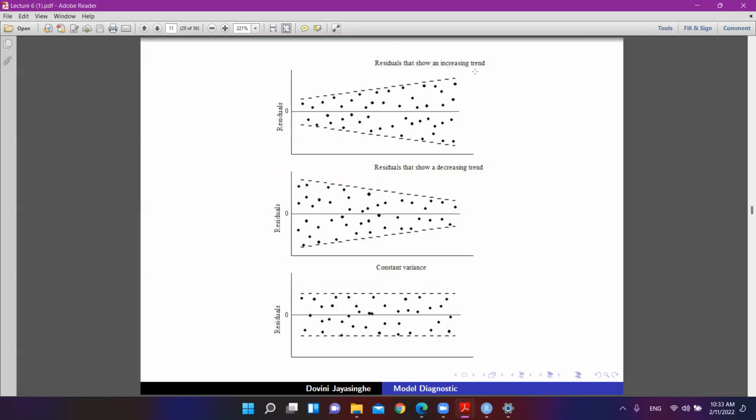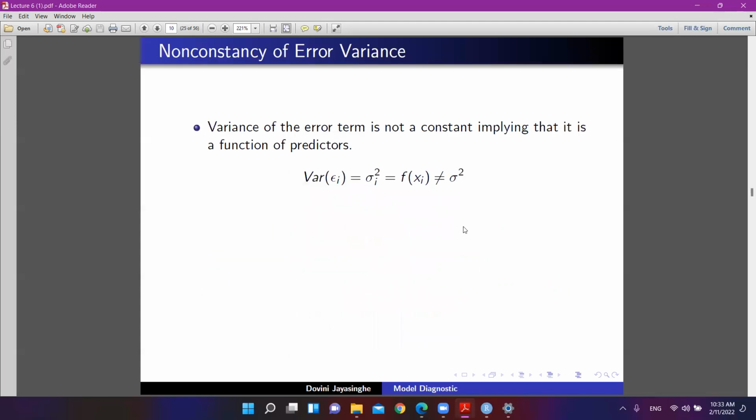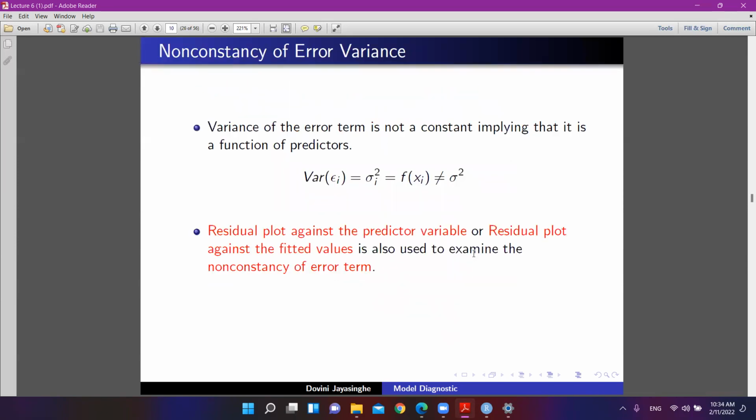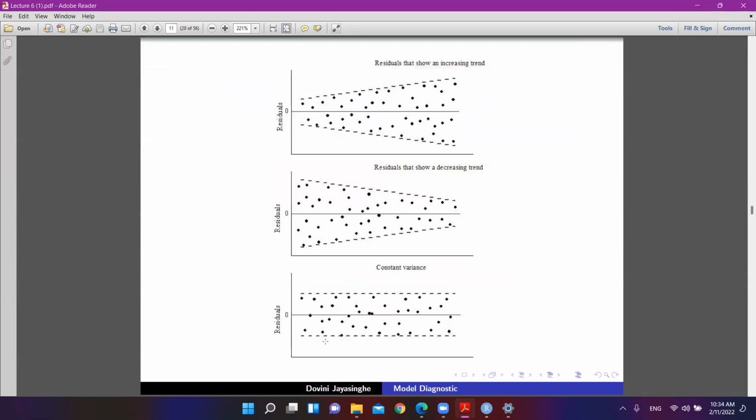Residuals that show an increasing trend. Residuals that show a decreasing trend. Constant variance. So when we plot residuals versus fitted values or residuals versus predictors, I told you here also, it doesn't have to be the increasing cone shape all the time. It could be a decreasing cone shape as well. It could be anything, right? If it is not something like this, then there is a problem.